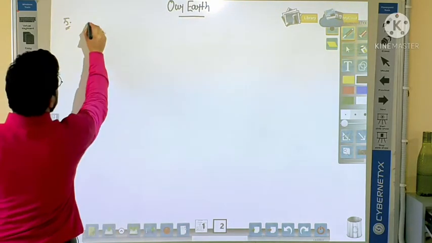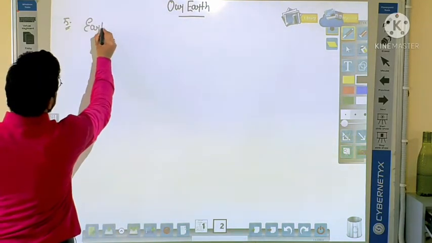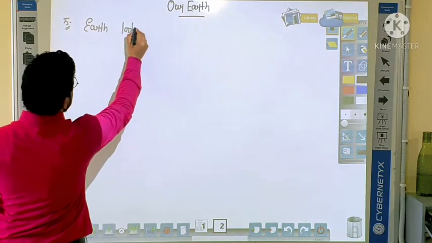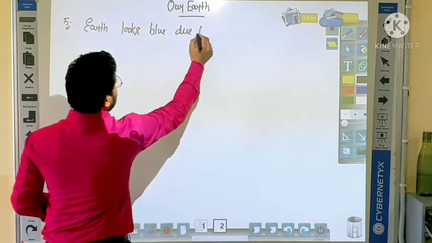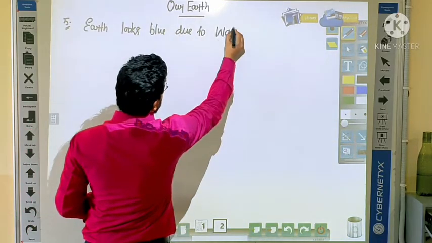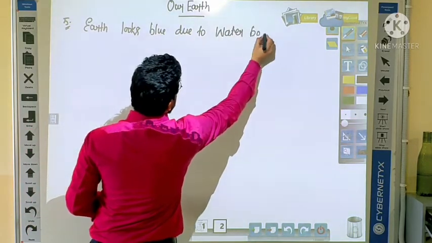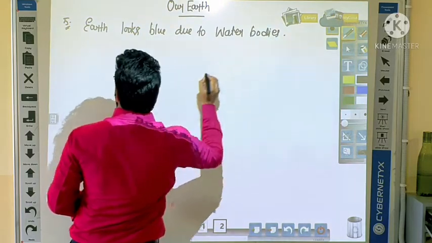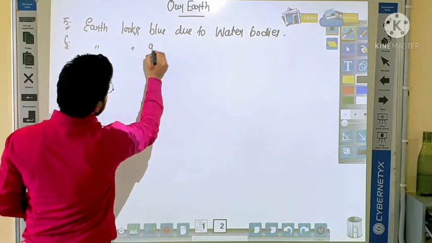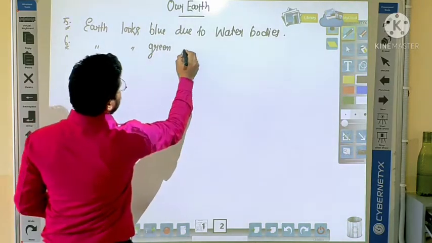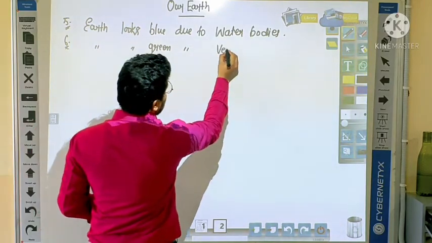Fifth point, Earth looks blue due to water bodies. Okay. Sixth point, Earth looks green due to vegetation.